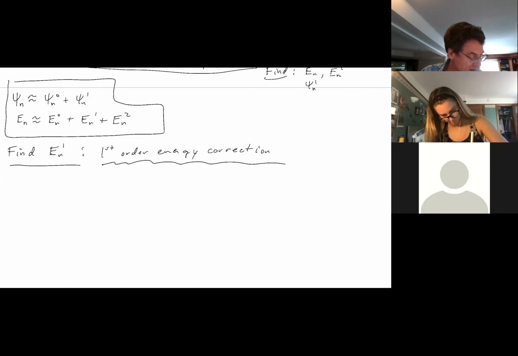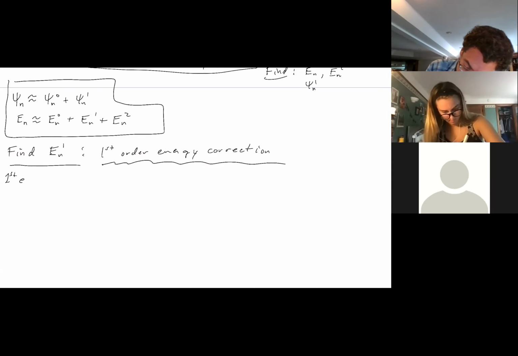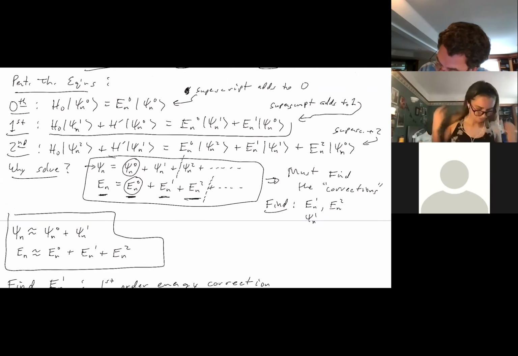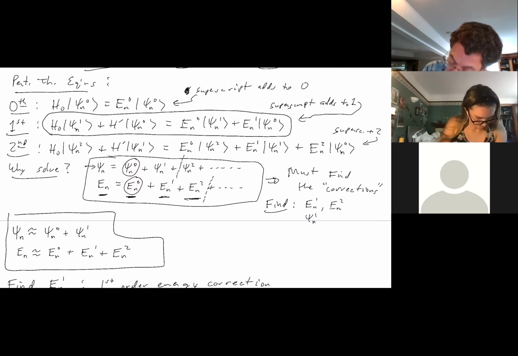So we'll start with the first order equation. Let's go back and remember what it was. Here it is. We're going to use this equation, which we derived in class.